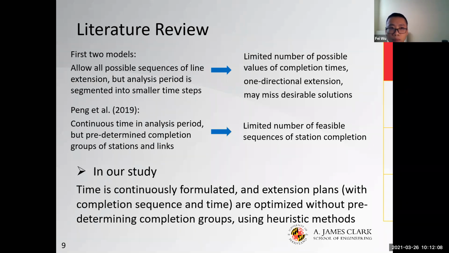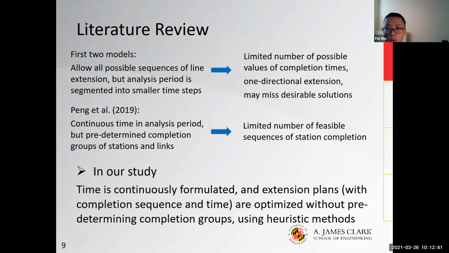While in the model by Pang et al. in 2019, there is some continuous time in the analysis period, but the completion groups of links and stations are predetermined. So these studies have some limitations in the number of possible values of completion times or the number of feasible sequences of the station completion.